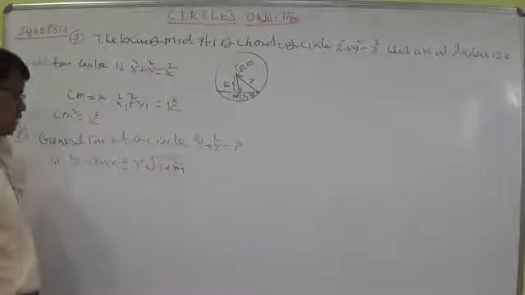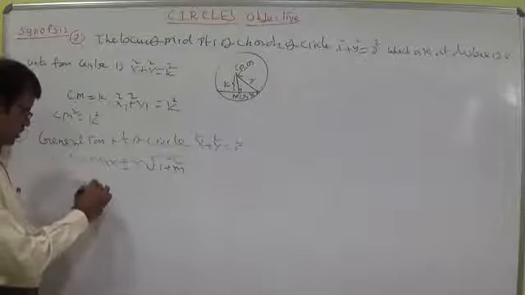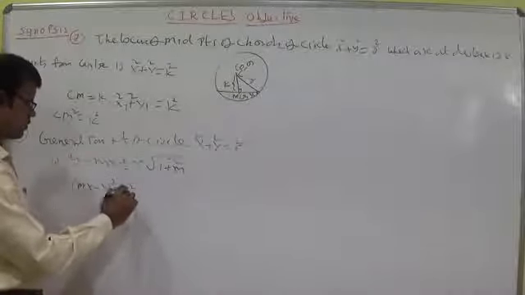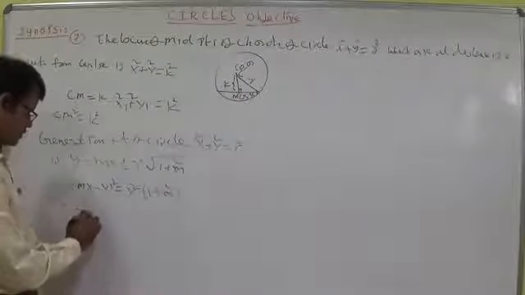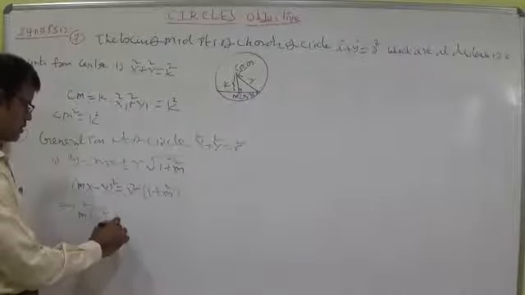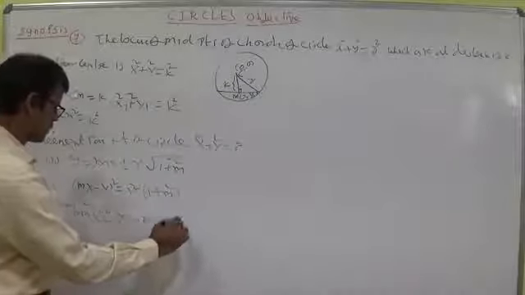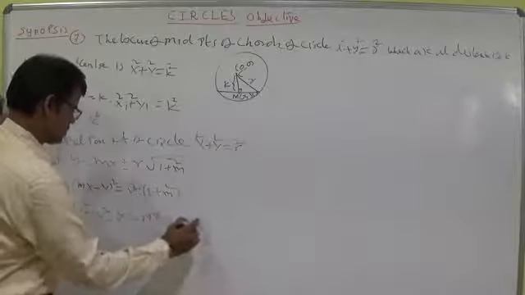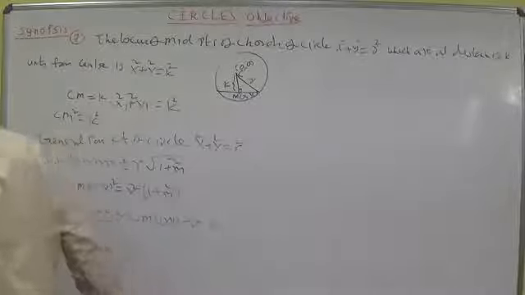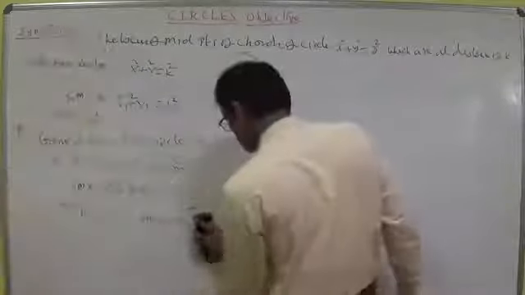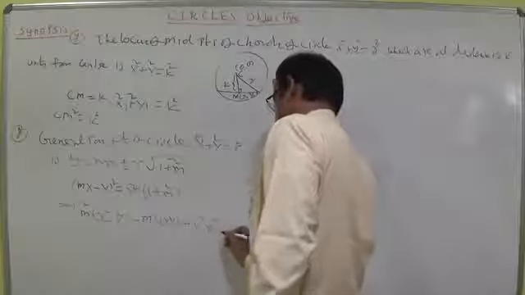By squaring both sides, you can take it as a quadratic equation: mx minus y whole square is equal to r square into 1 plus m square. So this is a quadratic equation: x square minus r square, minus m into 2xy, plus y square minus r square equal to 0.